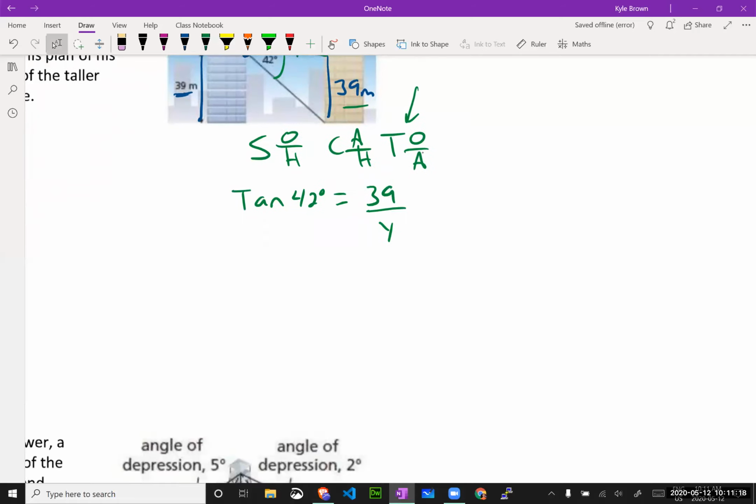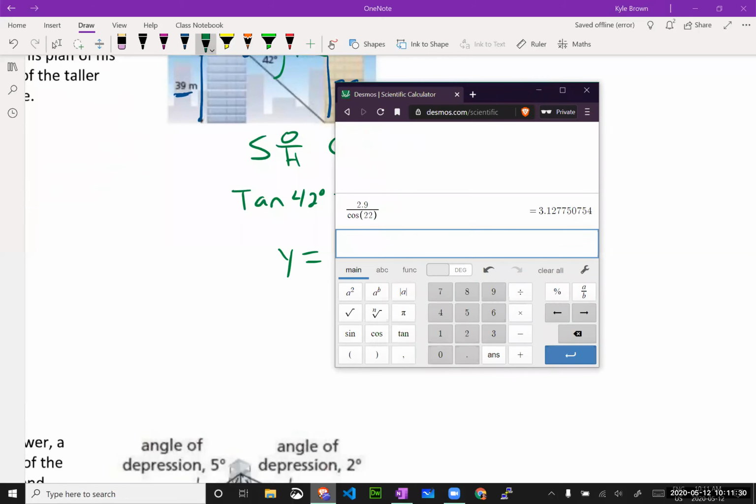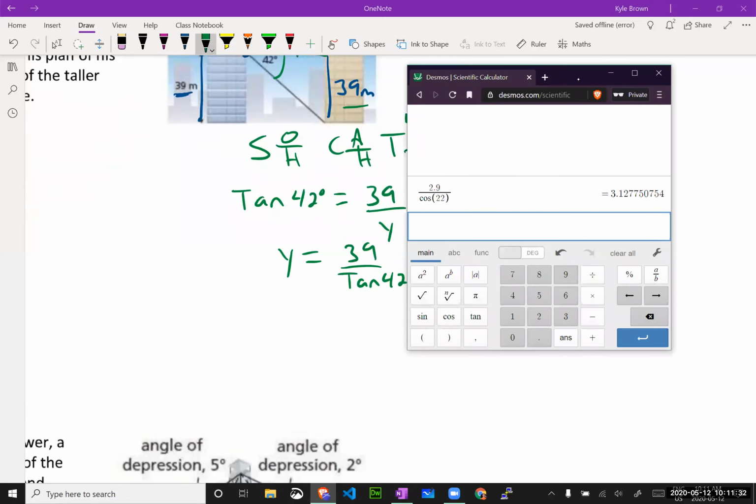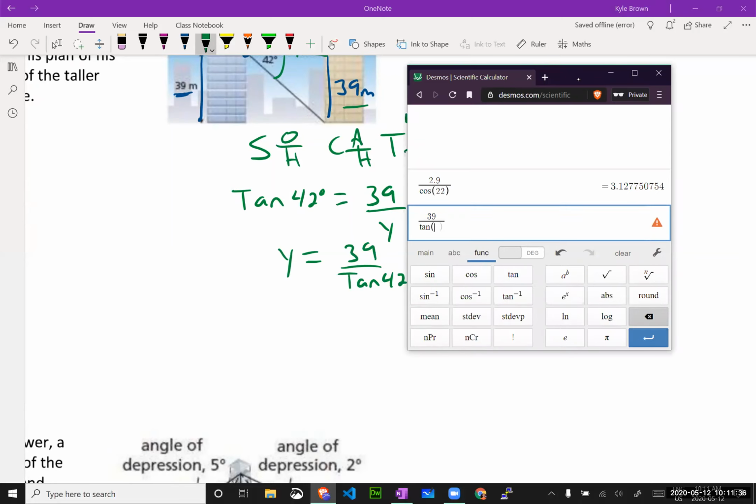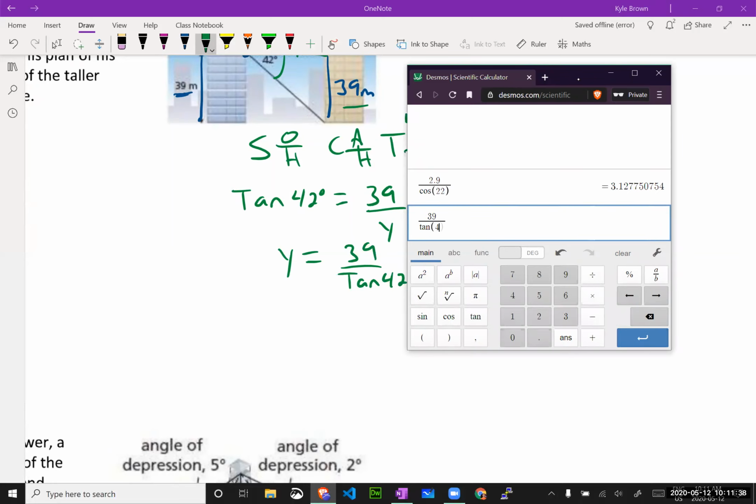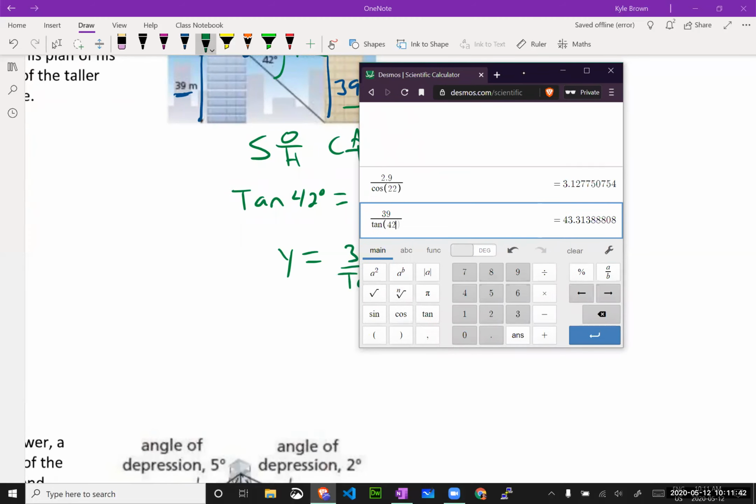Rearranging that the way you guys should be used to by now, y is equal to 39 over tan 42. All right. So we'll say 39 divided by tan 42. And that is 43.314.